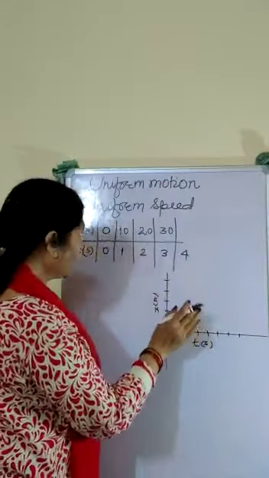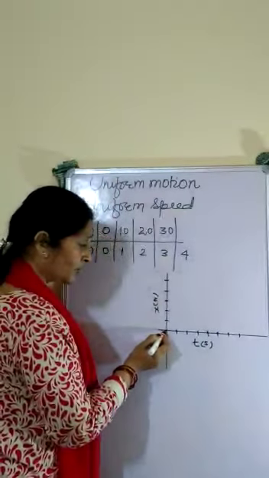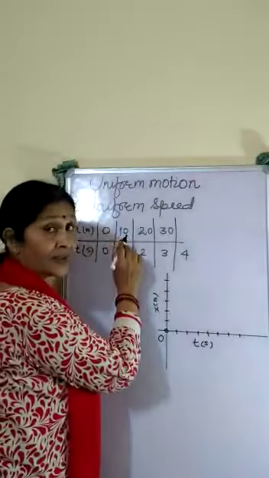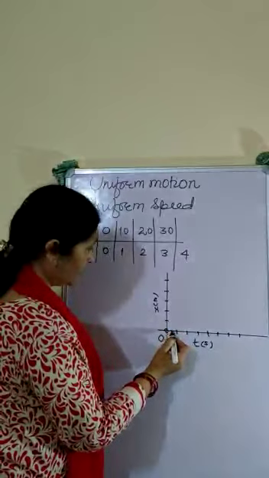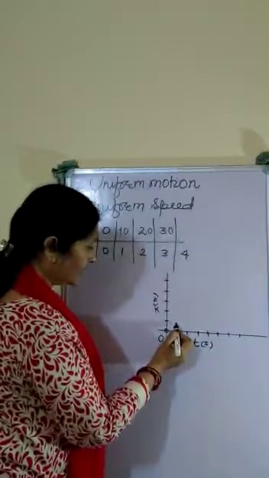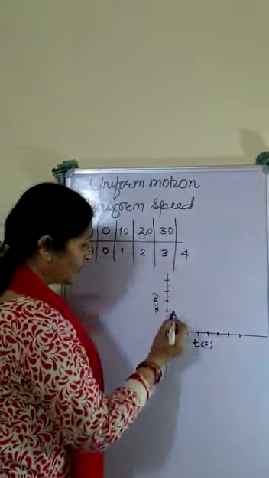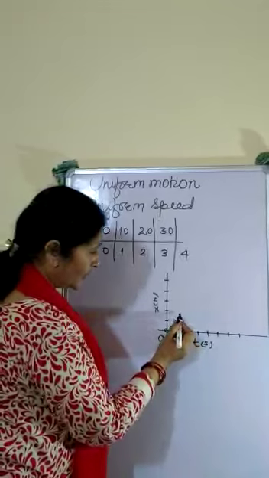Now let us plot. For 0 seconds, the displacement is also 0. For 1 second, the distance traveled is 10. Means here 1 second and this is the displacement 10. Then 2 and 20. 1, 2, then 10, 20.